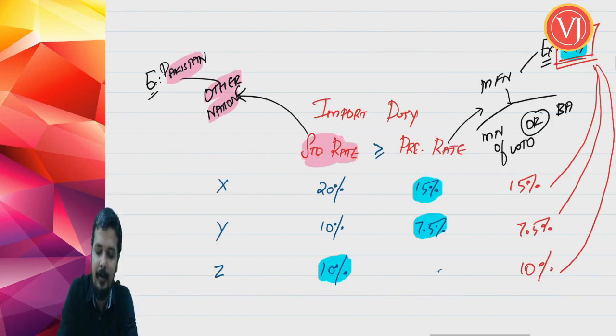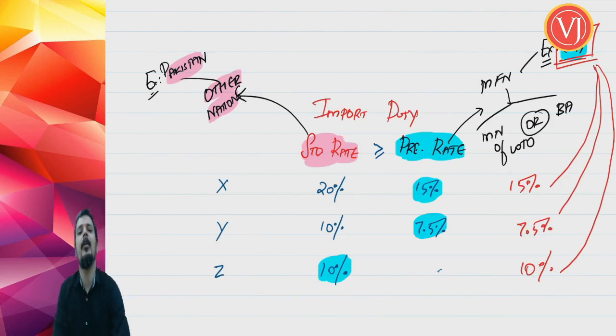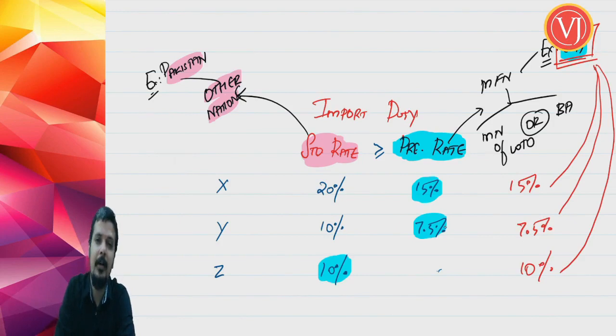If you are importing from most favored nations, that is member nations of the World Trade Organization where you give MFN status, or countries with which India has bilateral agreements, then you will have preferential rates, which is generally a lesser rate. If you are importing from other than most favored nations, say for example Pakistan, you will have standard rates.